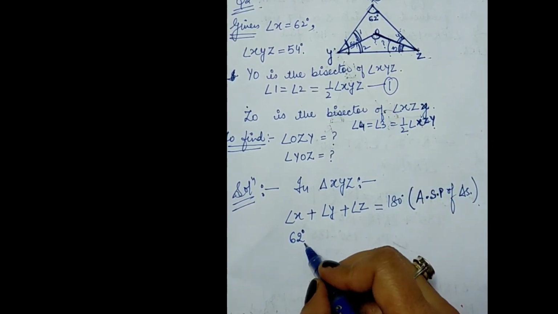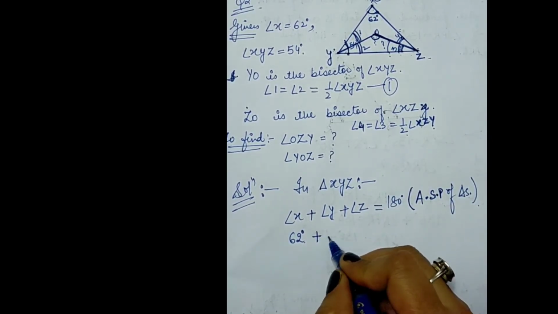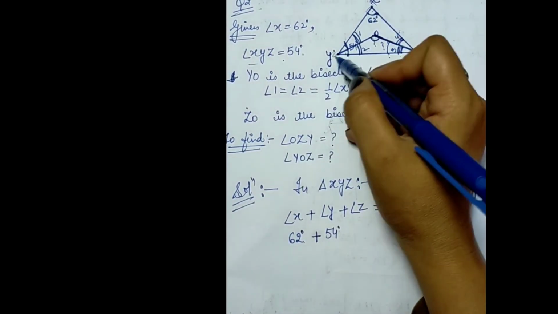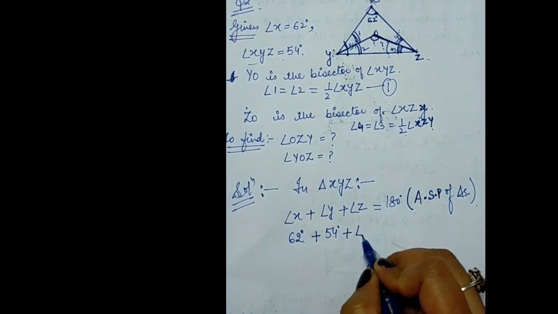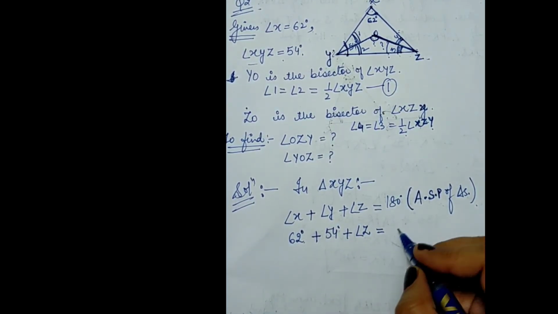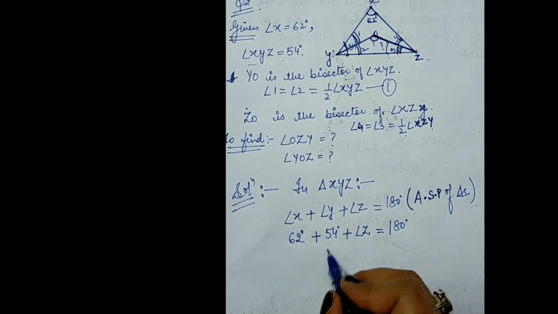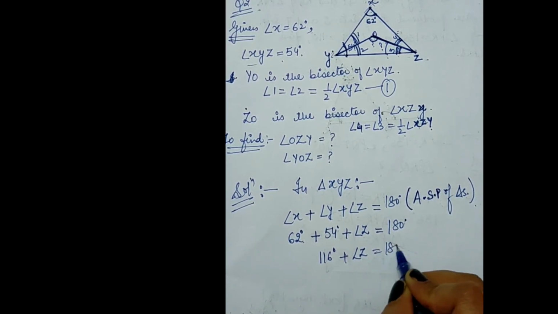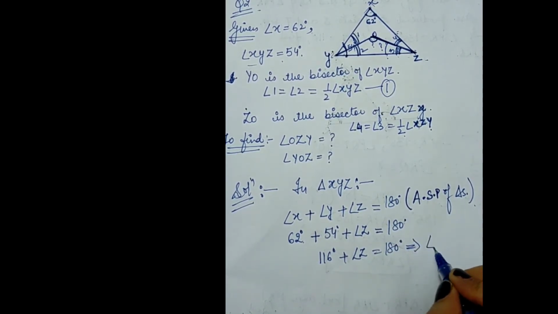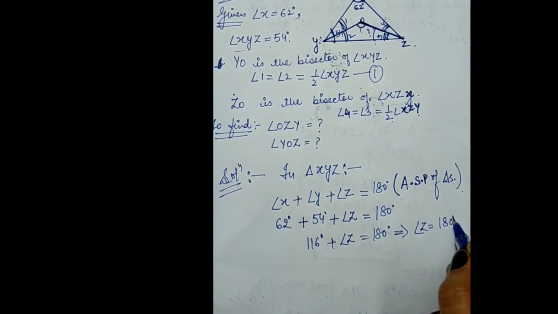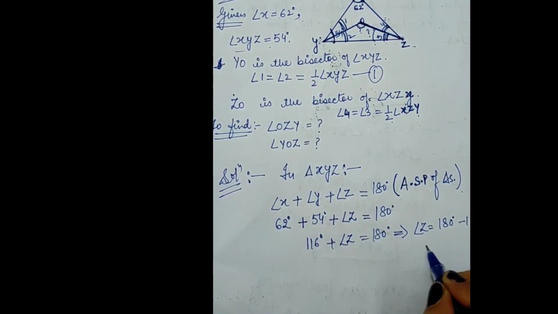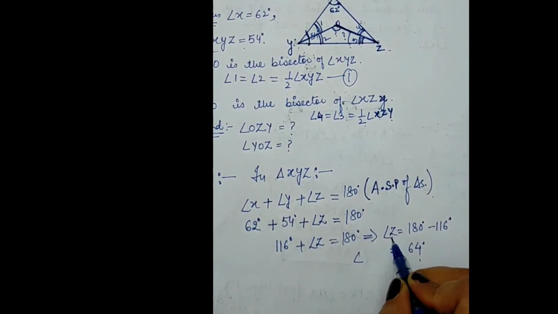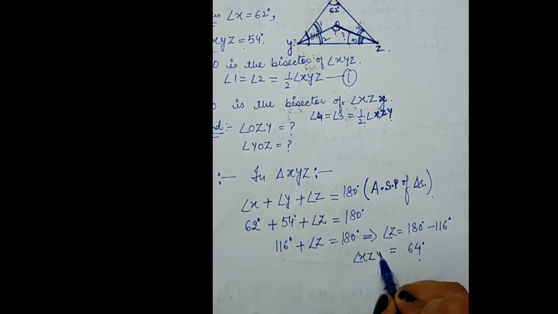Here we have been given the value for x as 62, y as 54. You can see XYZ is given to be 54, and we are supposed to find out angle z, that is XZY. So we got 116 plus z is equal to 180, or you can say angle z is 180 minus 116, which is equal to 64 for angle z, or you can write XZY.